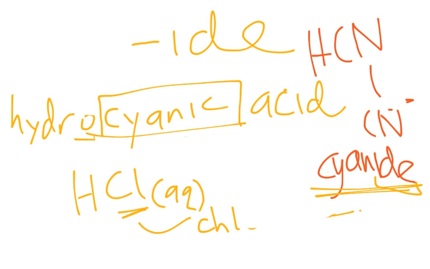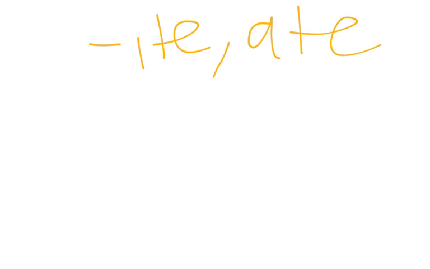So now that we've got the ide endings for the anions out of the way, let's try to name anions that end with something else. And let's not forget this is aqueous. So let's try naming acids that have anions that end with ite or ate.